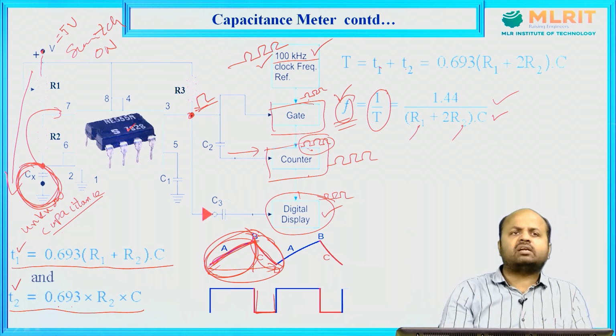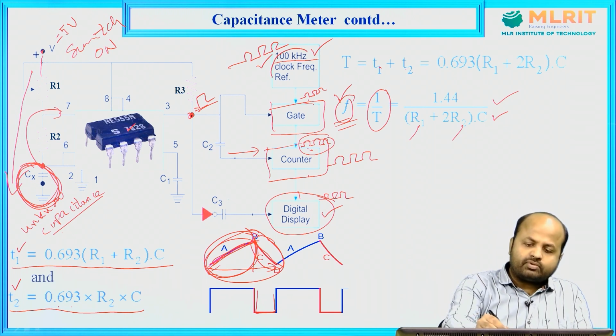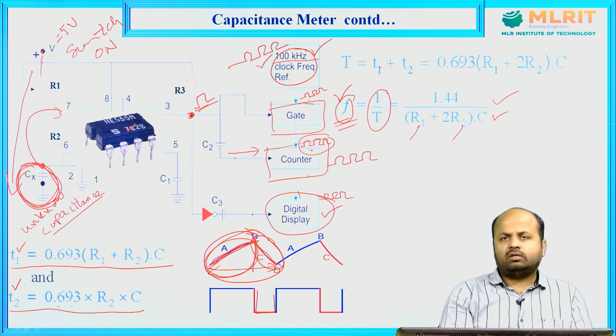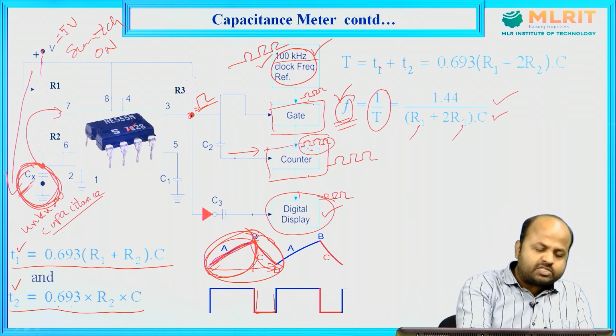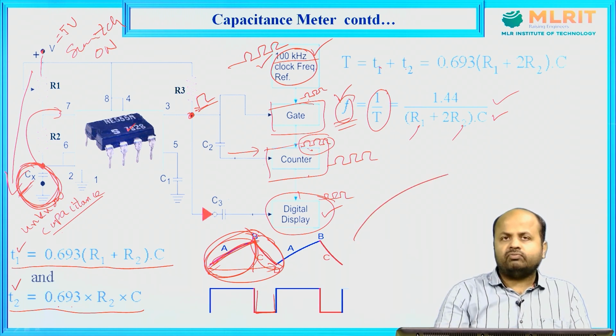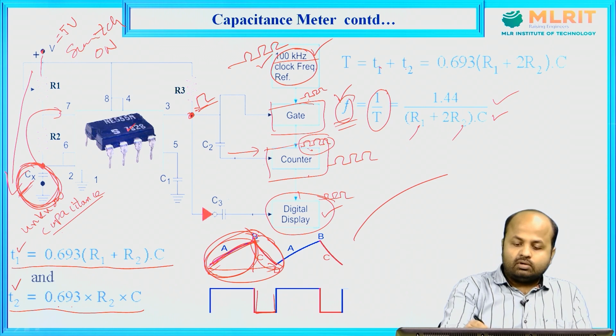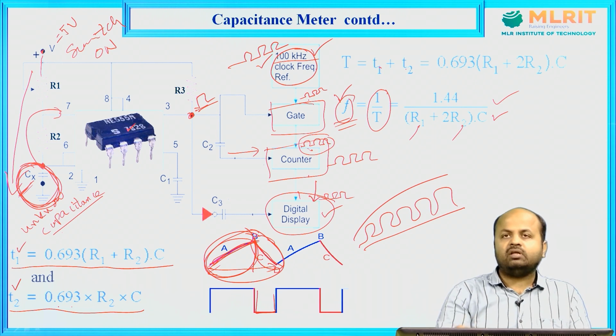Depending on the charging time period of the unknown capacitance, this reference clock is being counted in the form of a number. If the capacitance value is very high, the charging time will be very high, so your counter will count more pulses and this number will be displayed here.